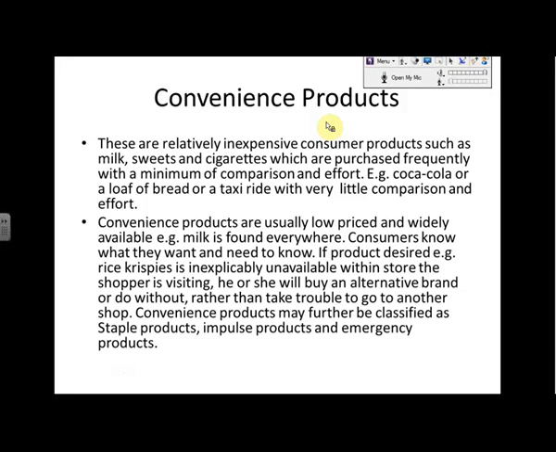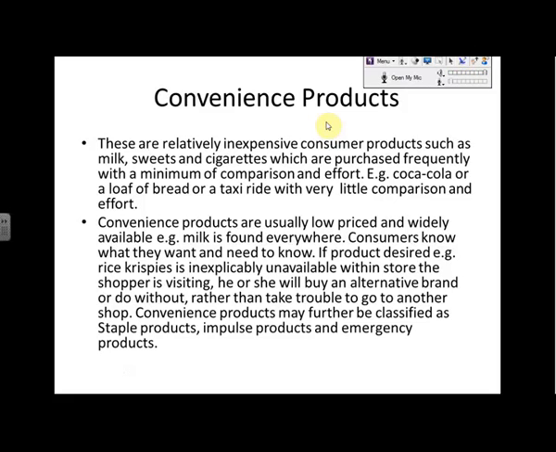Convenience products. These are relatively inexpensive consumer products. These are, for example, items like milk, sweets, cigarettes, which are purchased frequently with a minimum of comparison and effort.